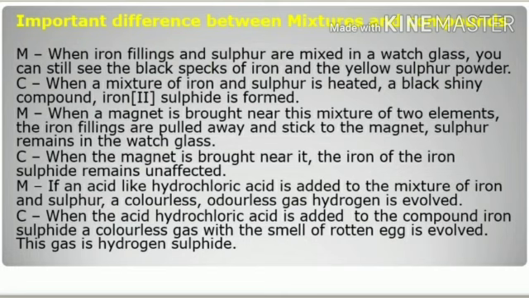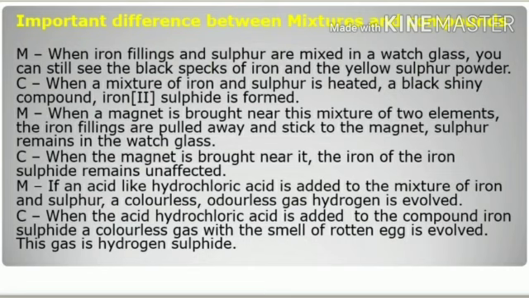Now coming to the next point. If carbon disulfide, that is a liquid, is added to the mixture, sulfur dissolves but iron does not dissolve in it. And in case of the compound, if carbon disulfide is added to the compound, then iron(II) sulfide does not dissolve but sinks to the bottom of the test tube.